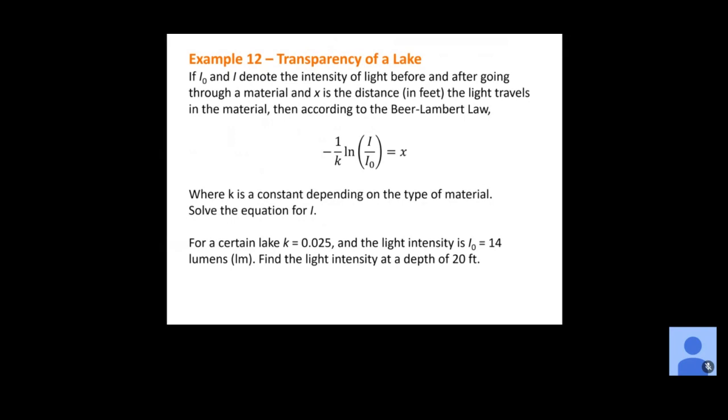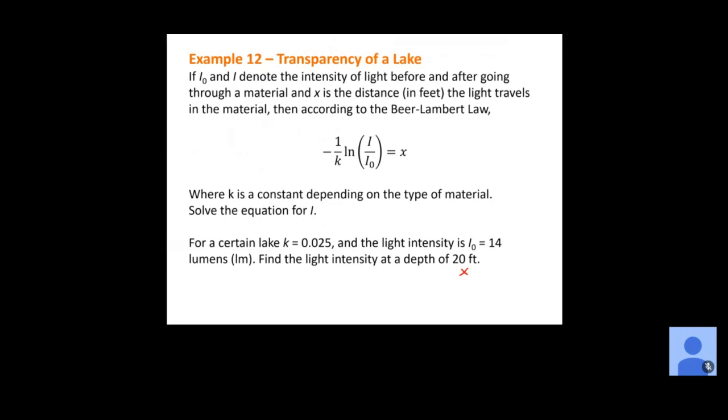We have our initial intensity, 14, and our depth, which is going to be represented by which variable? X, right? Because that was measured in feet. So there's our X value. So we have a K, we have an I sub 0, we have an X, and we're trying to solve for I. So we're just going to plug all of those numbers into the formula that we just got.